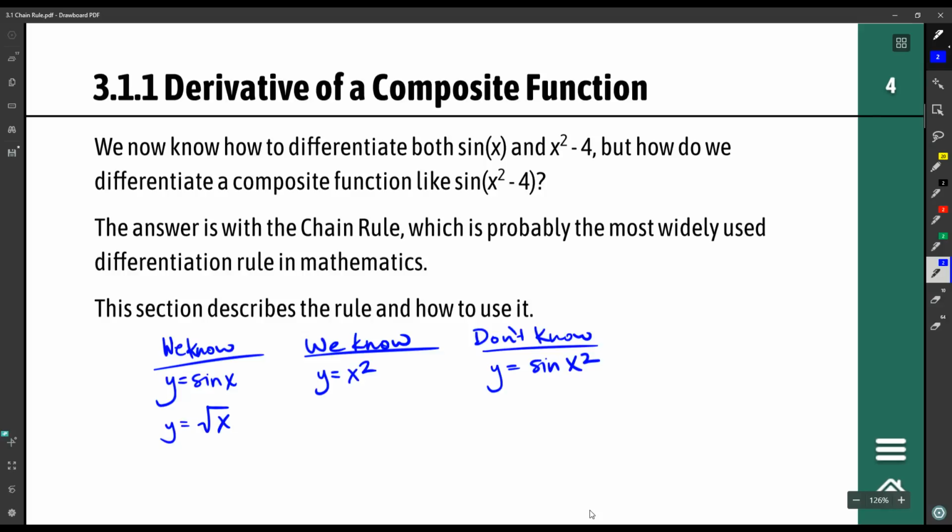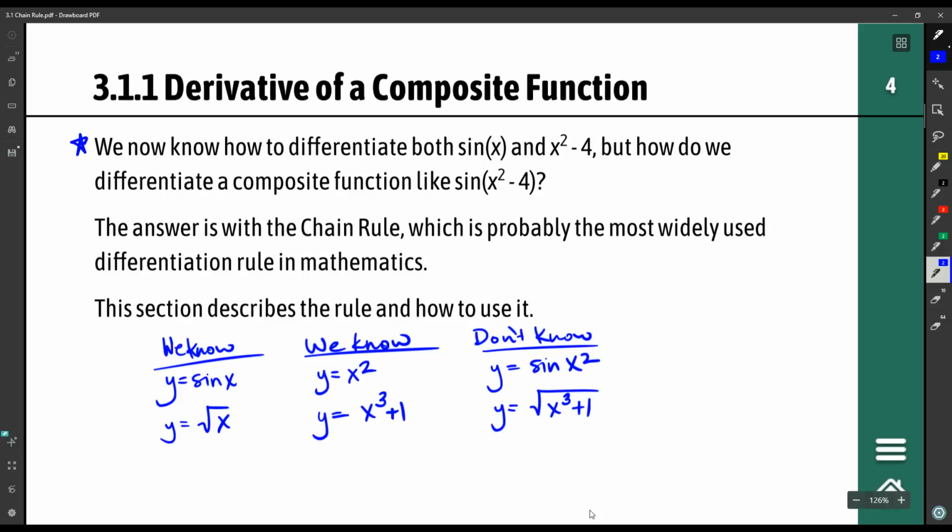We also know how to find the derivative of a function, say, x to the third, or x to the third plus 1. But we don't know right now how to find the derivative of a function like y equals the square root of x to the third plus 1. So hopefully you see what we're doing here.